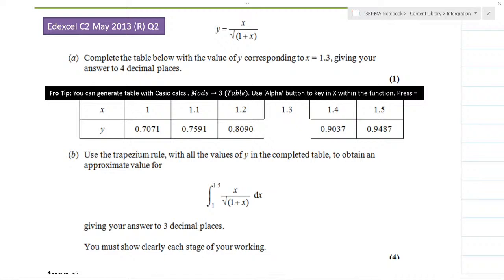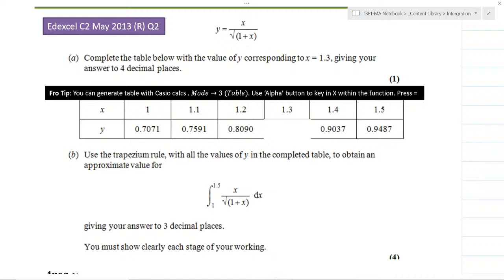So if you go to mode, so menu, where is it?